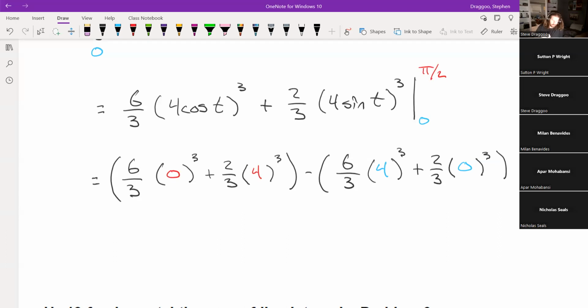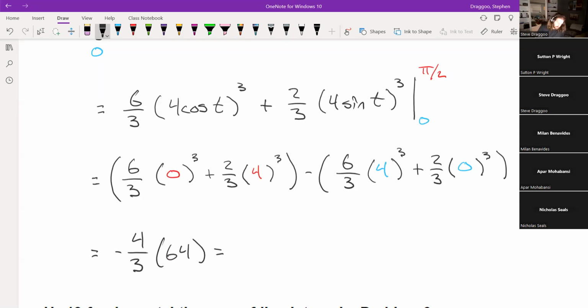All right, and now that we're back, we just need to add all this stuff up. This is going to look like 2/3 times 4 cubed minus 6/3 times 4 cubed. So this is negative 4/3 times 4 cubed, which is probably where I'll introduce the idea that 4 cubed is 64.